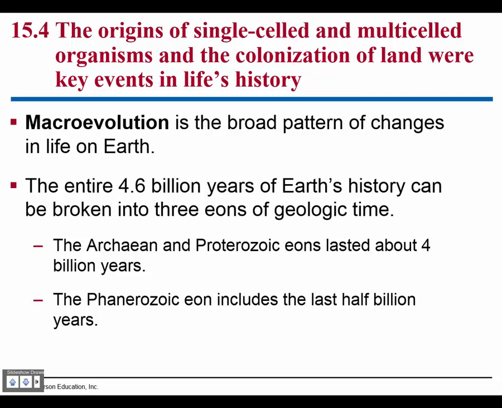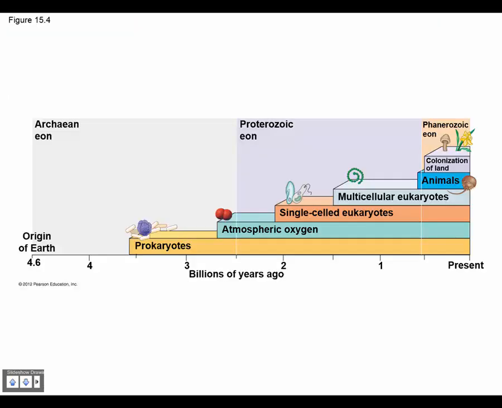We have the Archean and the Proterozoic eons, and they put together lasted about 4 billion years, right, when you put those together. And then the Phanerozoic eon, that is the last half billion, so 4.6, right, 4, and then about 0.6.